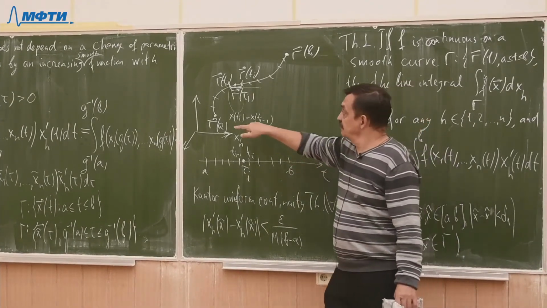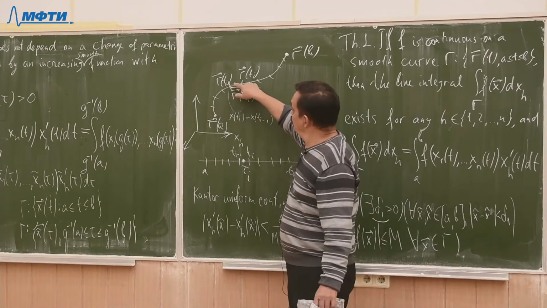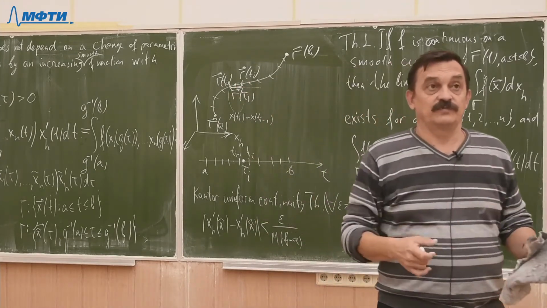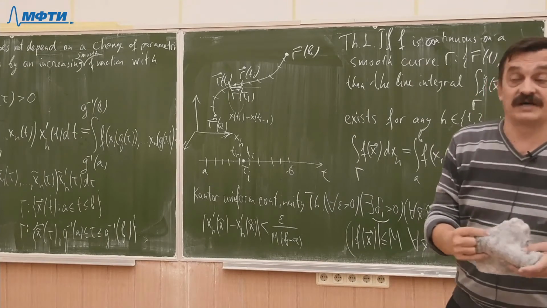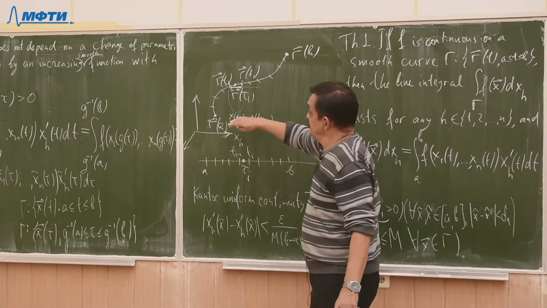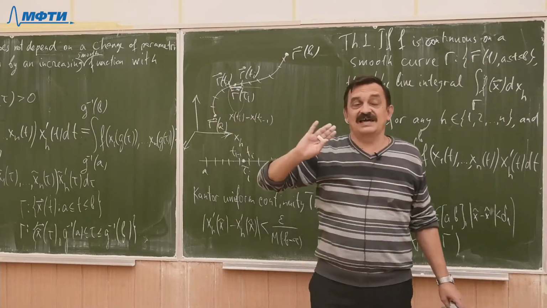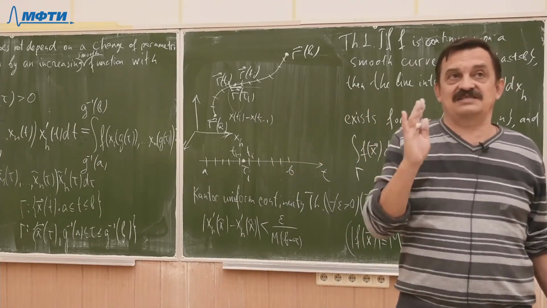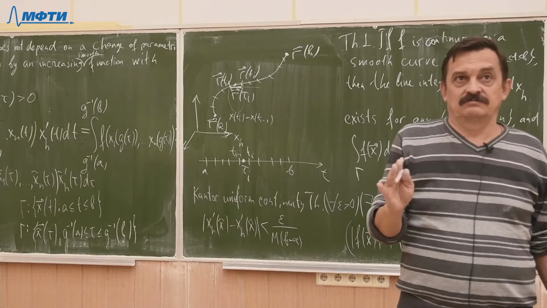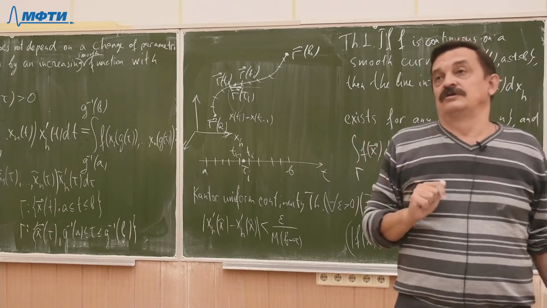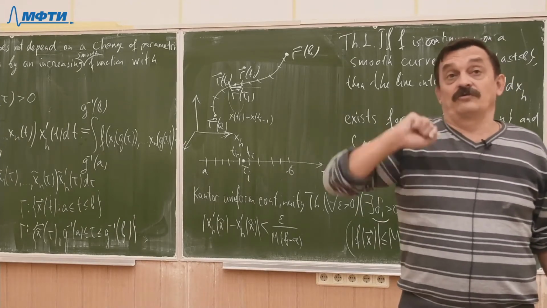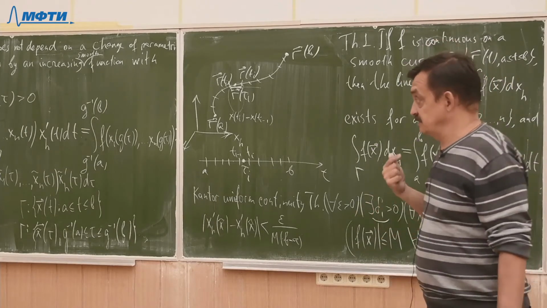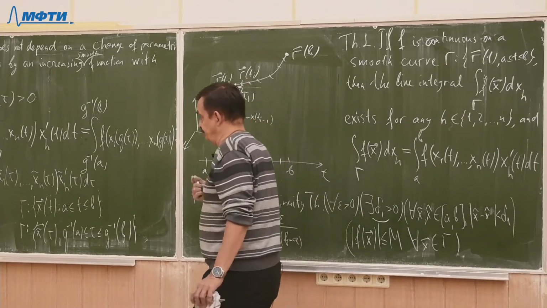It means that you change the law of how we go along this curve in time. But the set of points in the space is absolutely the same. So the trajectory is the same. The law of how you travel along this trajectory is different. That is the meaning of change of variable.